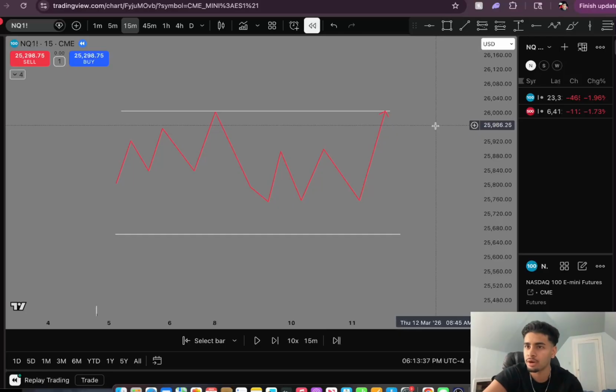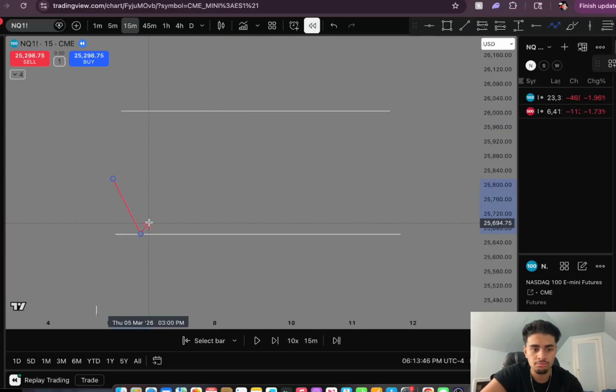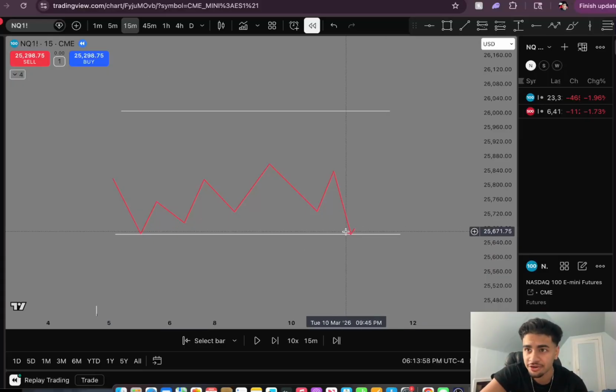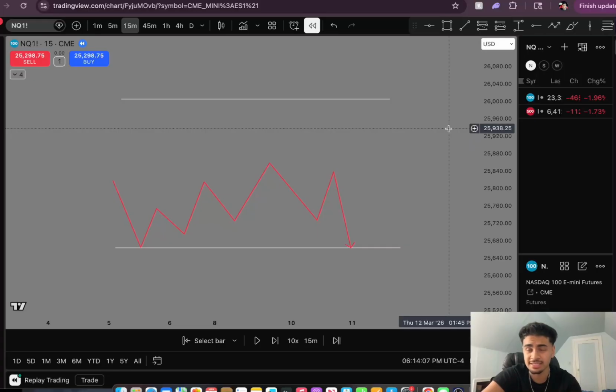So you know it's an important level that market can be drawn to. So this would be equal high, and then an example for equal low would be lows being exactly engineered to come to this exact price point. A lot of people think this is a very important draw on liquidity. I don't really pay attention to it as much, but it is important for sure.